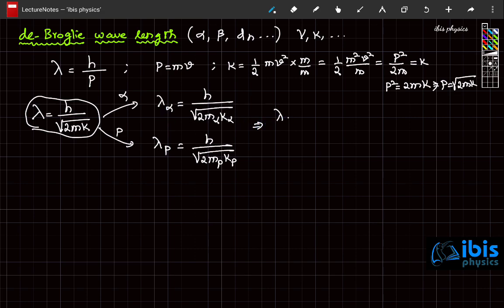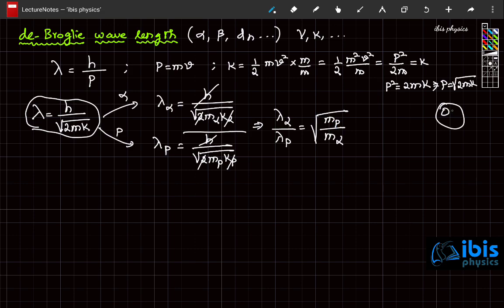So lambda alpha by lambda proton equals, this comes to the denominator, this comes to the numerator, and the rest of the things will be cancelled. The h's will be cancelled, the 2 will be cancelled. Since the kinetic energy of the alpha particle is equal to the kinetic energy of the proton, these two will be cancelled, so you get the square root of the mass of the proton by the mass of the alpha particle.